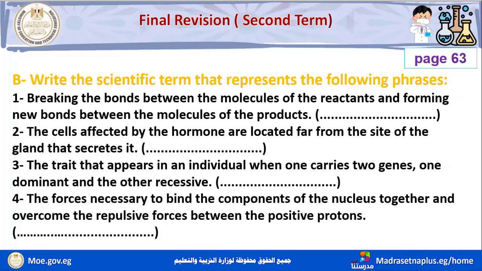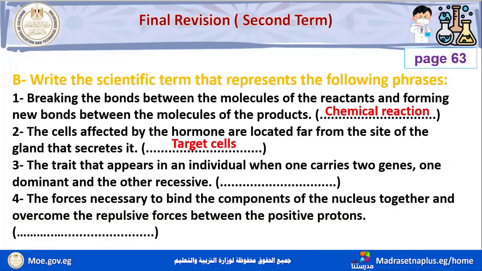Letter B, page number 63, write the scientific term that represents the following phrases. Number 1, breaking the bonds between the molecules of the reactants and forming new bonds between the molecules of the products. Chemical reaction. Question number 2, the cells affected by the hormone are located far from the site of the gland that secretes it. Target cells.